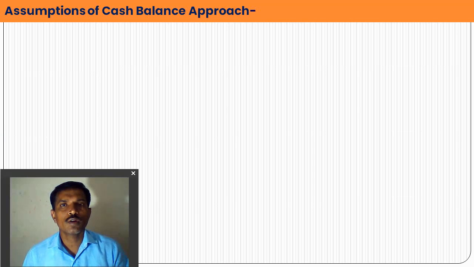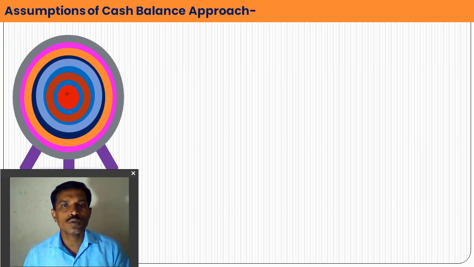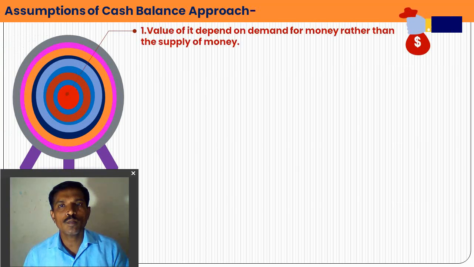Before looking at the Cambridge equation, we look at some assumptions of the cash balance approach, or Cambridge theory. The first assumption is that the value of money depends on the demand for money rather than the supply of money.